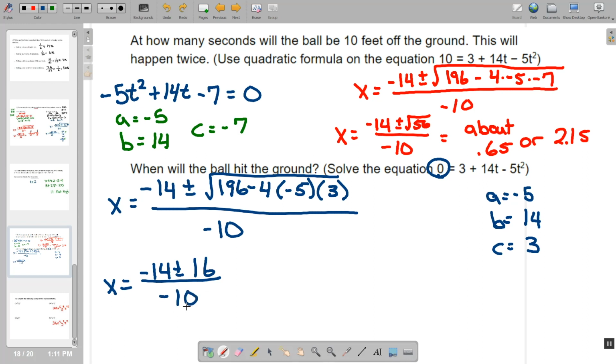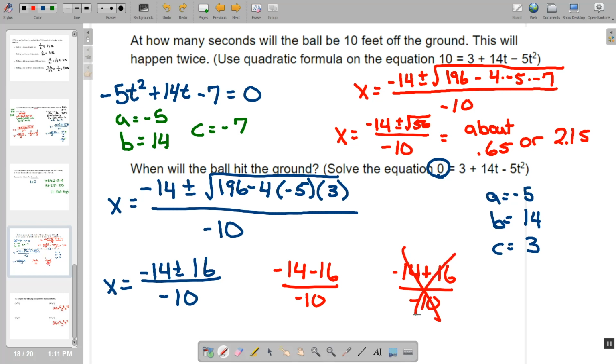And then I have this problem, so I split it up into 2 parts. I have negative 14 minus 16 over negative 10. And then I have negative 14 plus 16 all over negative 10. Well, this one ends up giving me a negative number answer, which doesn't make sense because you need to know how long it took the ball to travel.